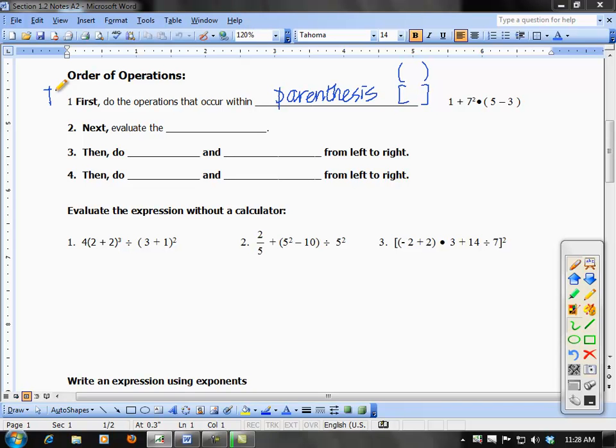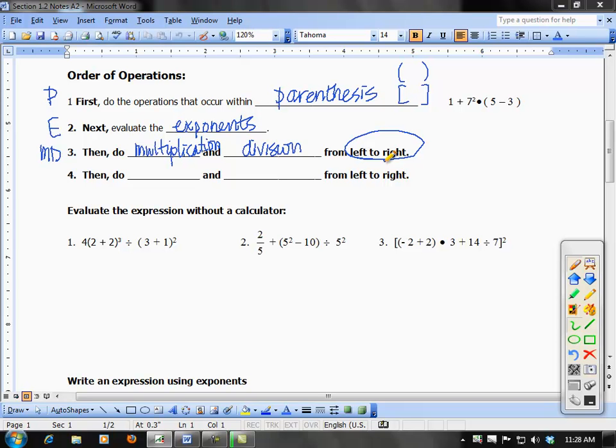Okay, so we have the please. The next one was excuse, and that means we deal with the exponents. Okay, so please excuse my dear Aunt Sally. My dear means that we do multiplication and division, but here's the most important part as you read from left to right.